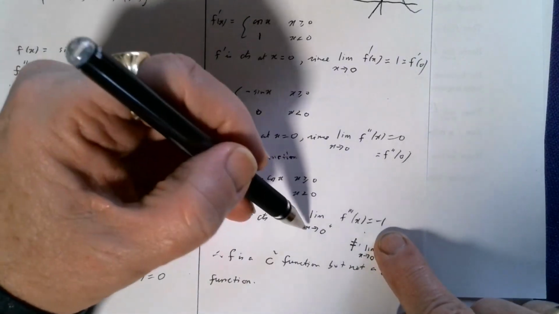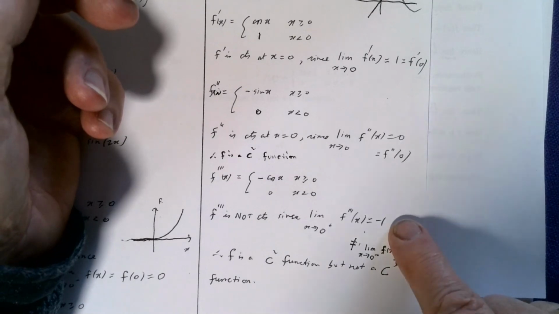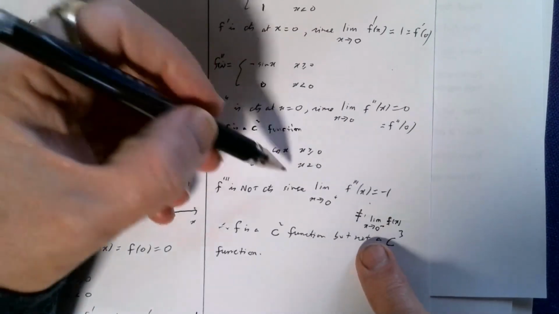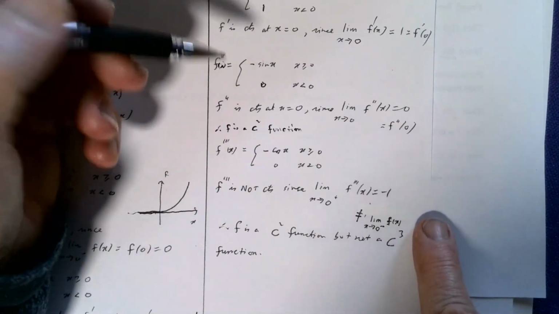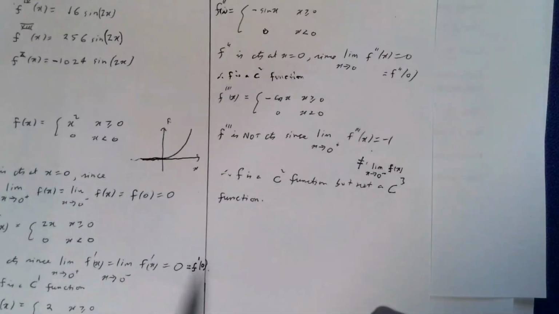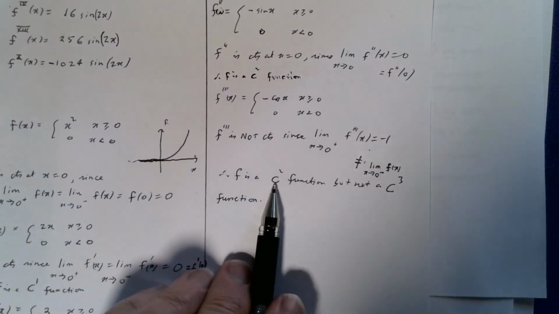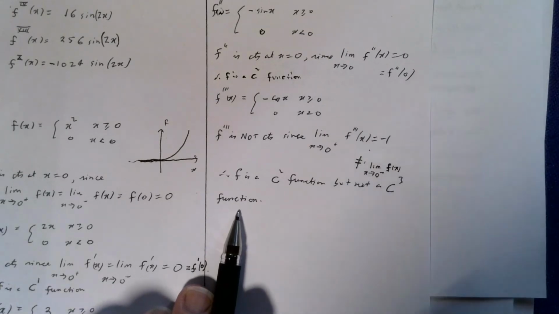So as you take the limit as x goes to 0 from above, the third derivative goes to minus 1. And that's not equal to the limit from below, which is just 0. So this derivative exists, but it's not continuous. So we say that f is a C2 function, but not a C3 function. And that's the end of this video.